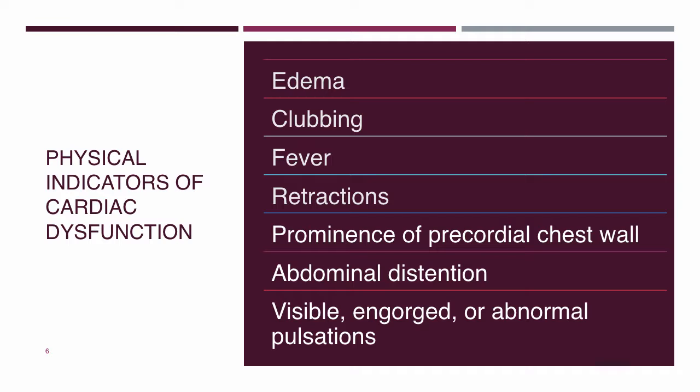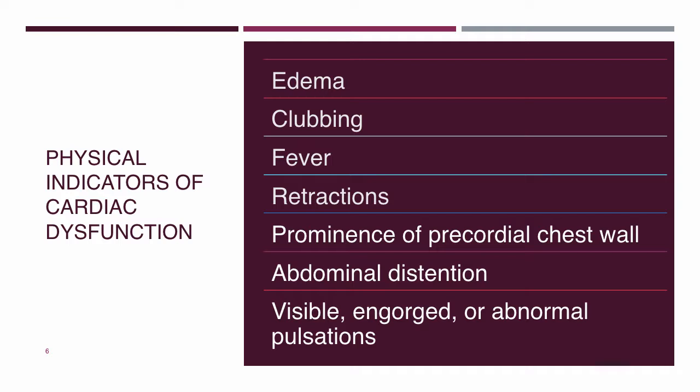So you might actually see pulsations on the chest wall over the heart. You may see abdominal distension. That abdominal distension is often related to the hepatomegaly, and in some cases they may actually have hepatosplenomegaly.